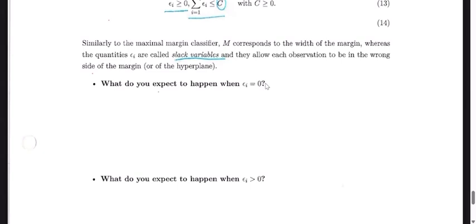So when error equals 0, the observation is correctly classified, even though it is outside or exactly on the correct margin. No violation of the margin or hyperplane. No violations. I just wanted you to take note of that.